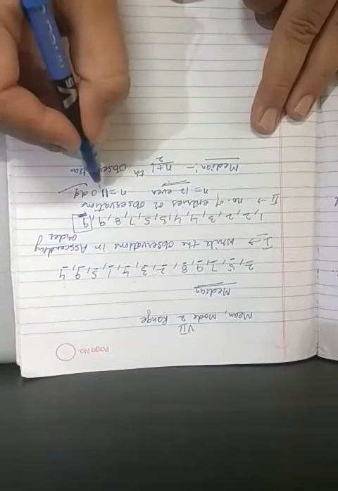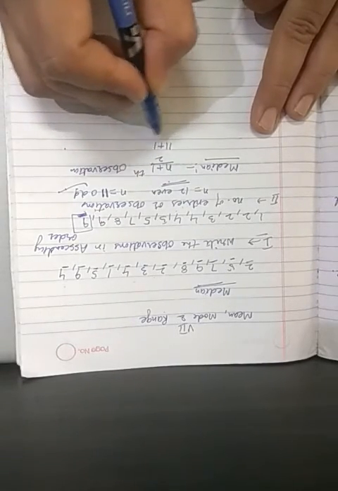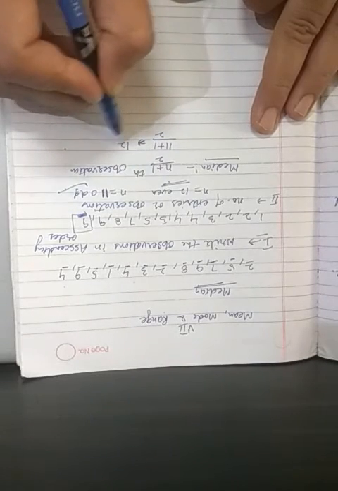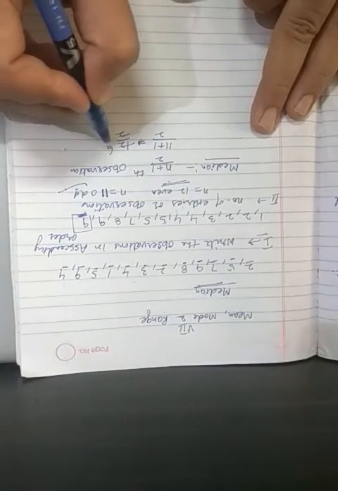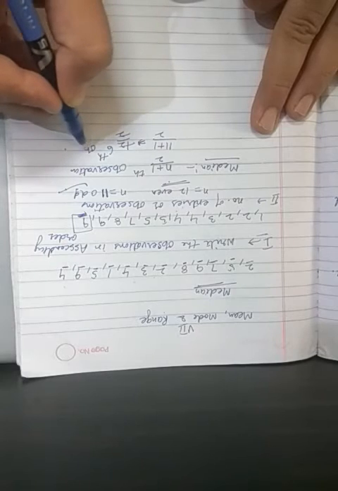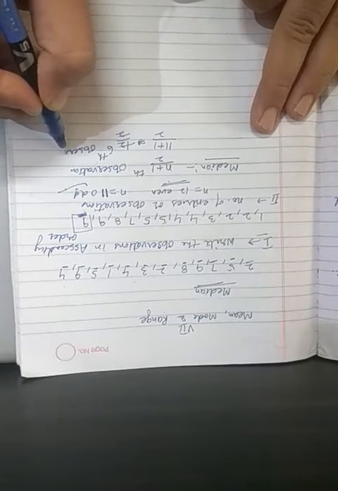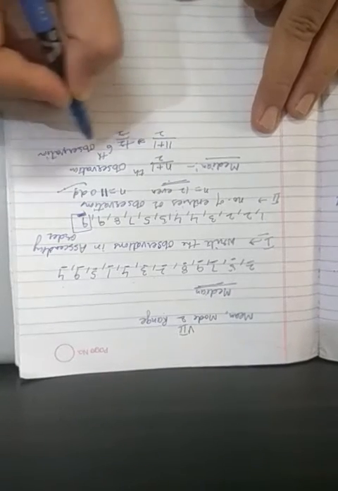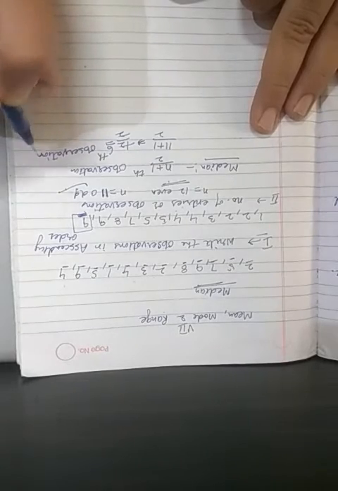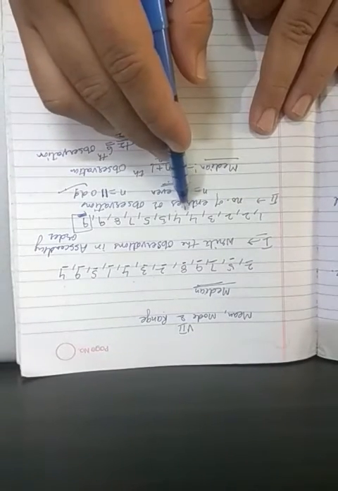Here n is 11, so 11 plus 1 by 2 is 12 by 2, which is 6. That means the 6th observation. Got it? 6th observation, not 6.